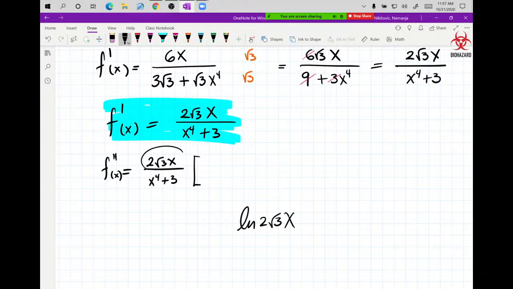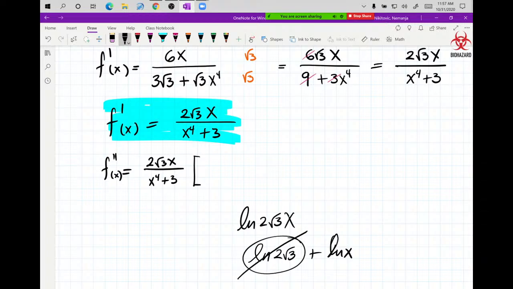That would be the top. And if you break this apart, it's ln 2 root 3 plus ln x. Now, this is a number, and the derivative of that kills it. So it's just 1 over x for the first one. Minus, and now you have the derivative of this, which is keep it as is, and put its derivative on top, which is 4x cubed.